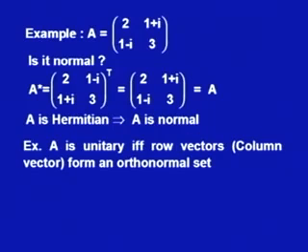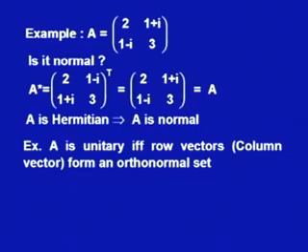Now I state some simple results and I leave them to the viewers. They can prove them. First simple result is, if A is unitary, then row vectors form an orthonormal set, and if row vectors form an orthonormal set, then the matrix is unitary.